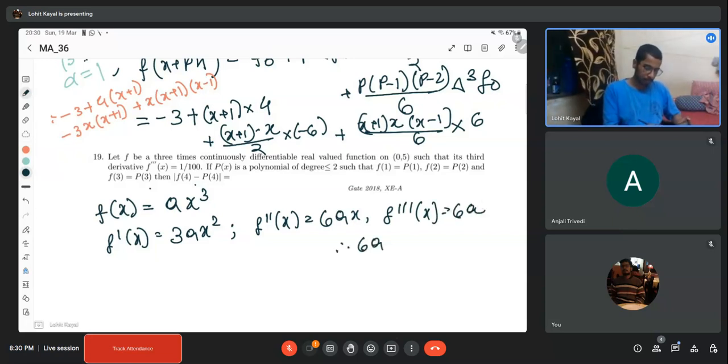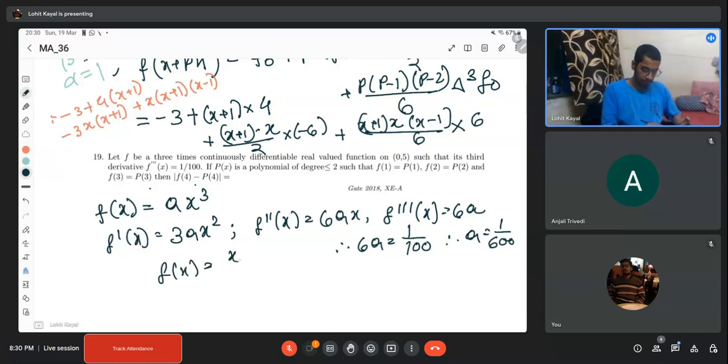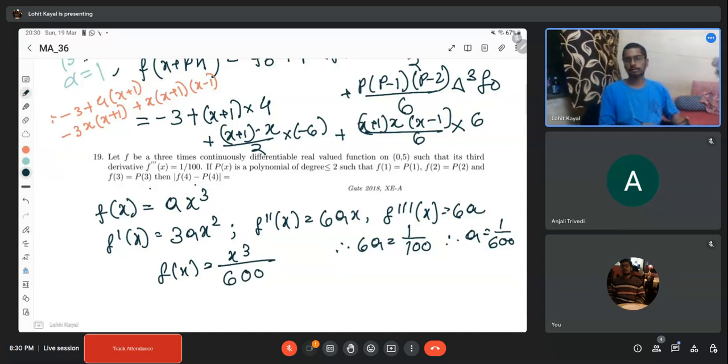So 6a equal to 1 by 100, here a equal to 1 by 600. So I can assume that f(x) equal to x cube by 600. I can always assume this kind of thing.